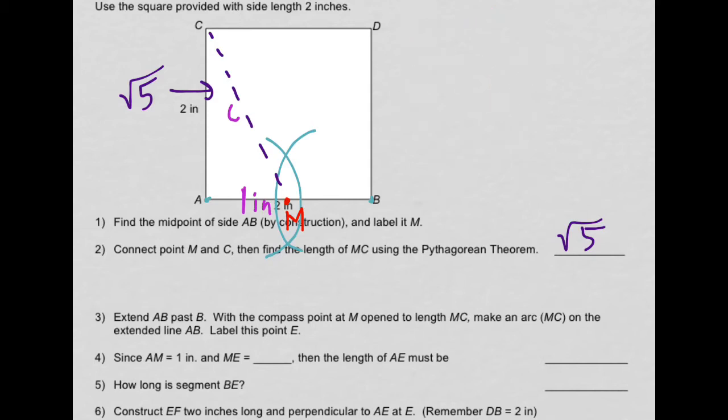So we are going to be extending AB past B. Okay, but we're only going to go to this compass length here. Okay, so what we're going to do is actually, see, we've got our MC right here. We're going to swing our compass like so.